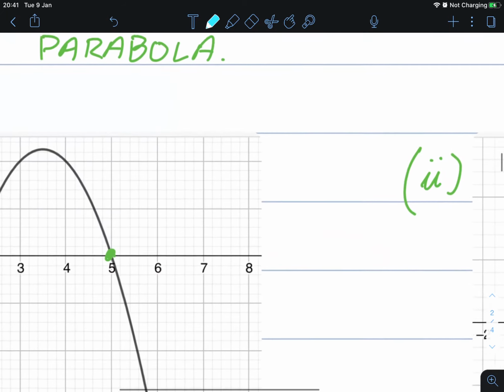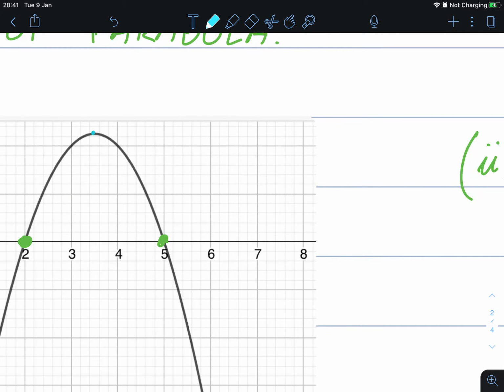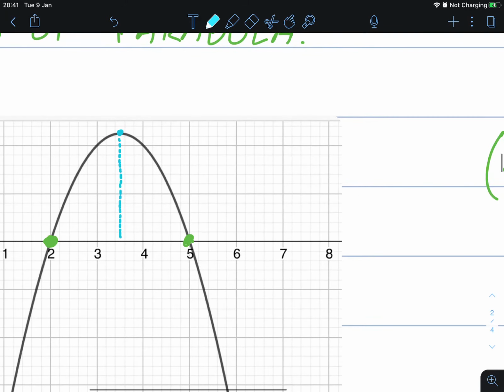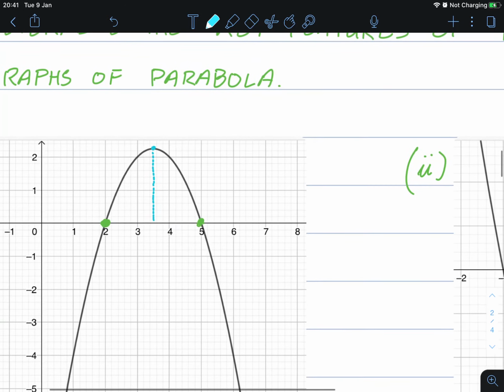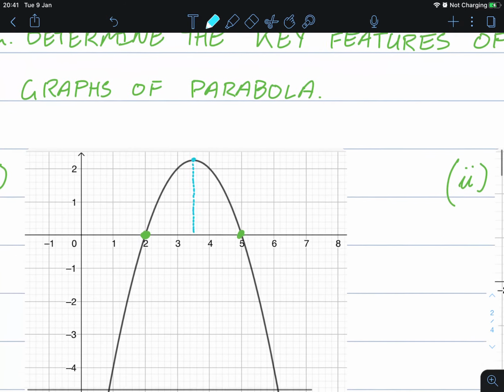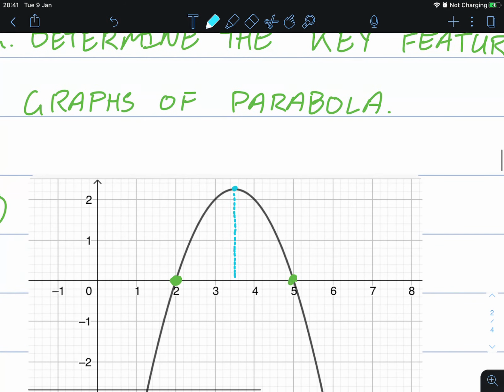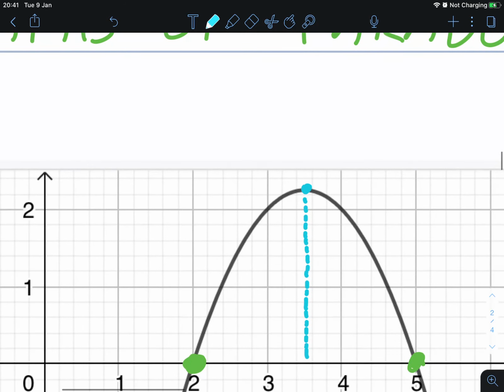We can see it's right about here. We can approximate where it is. There it is there. It seems to be exactly halfway between 2 and 5. Let's also take a look at its y value. So round about there.